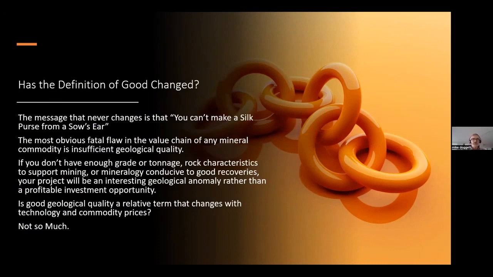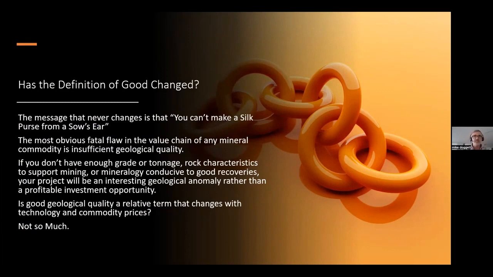Well, the one thing you know for sure is that the message that never changes is that you can't make a silk purse from a sow's ear. In other words, you have to have good geology. If you don't start with good geology, you're never going to end up with a good mine.